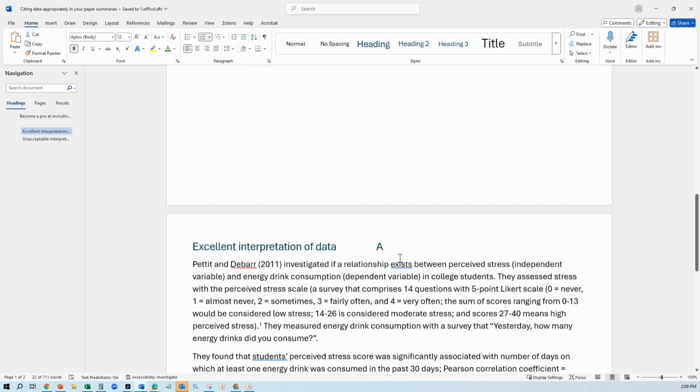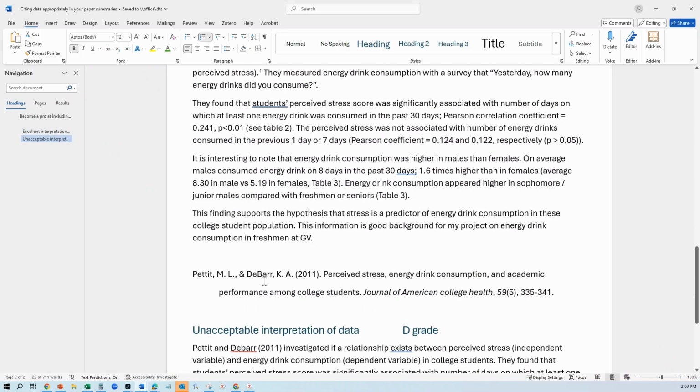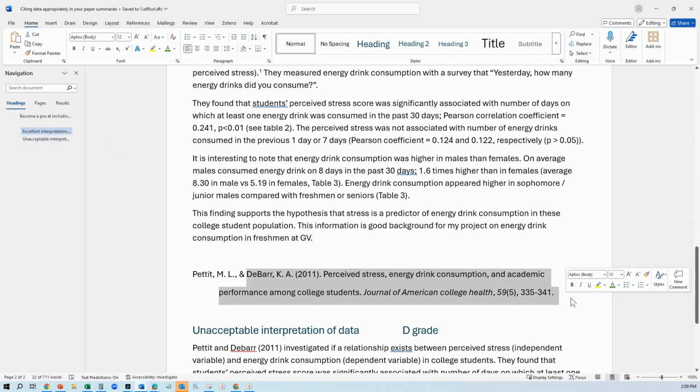And then at the end, you should include the citation in APA style. So this is an example here that is made available to you that you can use to guide you. Okay.